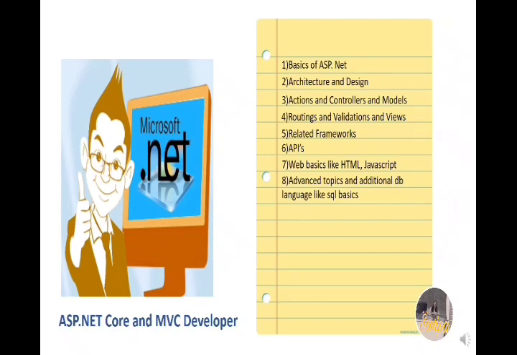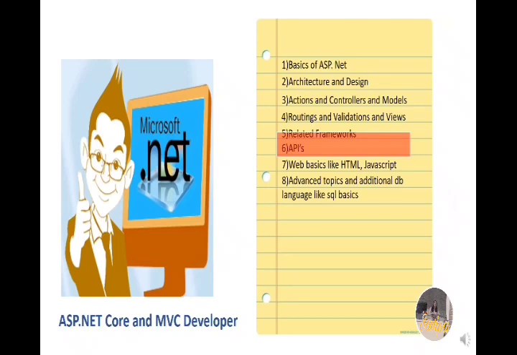The third is actions, controllers and models. The fourth is routing, validations and views. The fifth is the frameworks related to ASP.NET, and the sixth is about APIs.